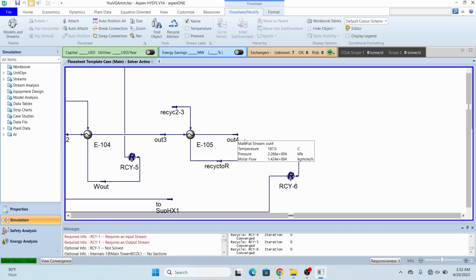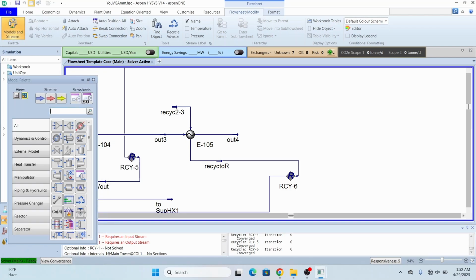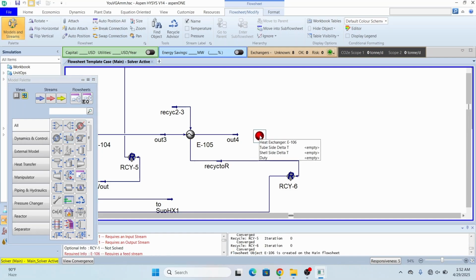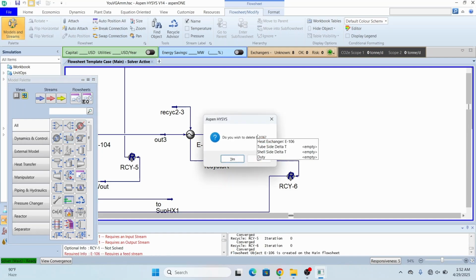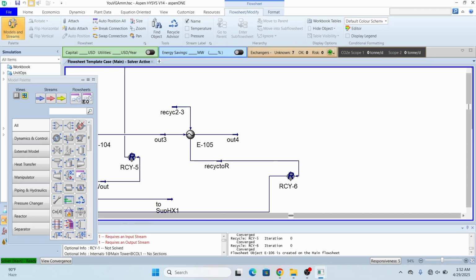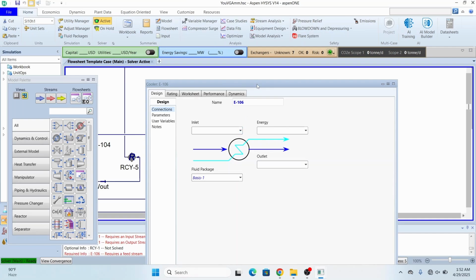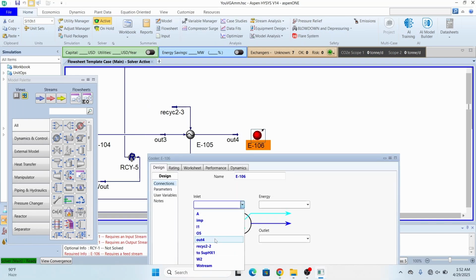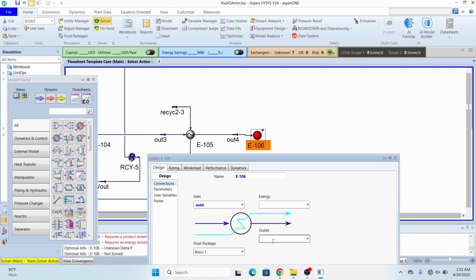The next heat exchanger will be our cooling water heat exchanger, and I will again go to my model palette, and here you can select a heat exchanger. I'm not going to simulate a heat exchanger, I will just place a cooler over here. Its inlet will be out 4, its outlet will be out 5.